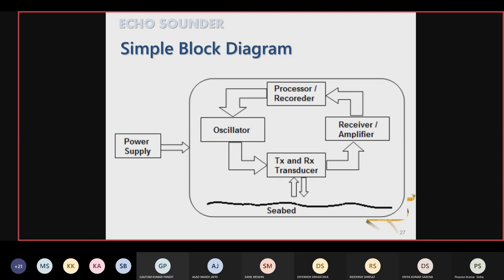Block diagram. Most basic it is. ब्रिज में रिकॉर्डर रहता है, रिकॉर्डर से सिग्नल आती है, ऑसिलेटर में जाती है, ऑसिलेटर produces electrical signals.